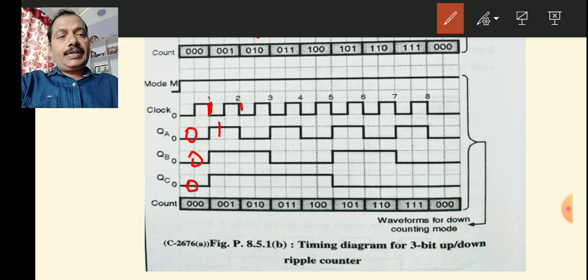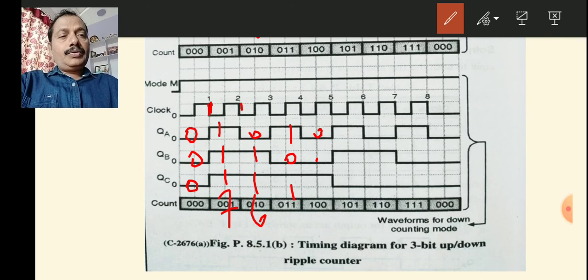And let us check the bits. Down counting: you see 0 0 0, and at the first clock pulse it goes to all ones. All ones means 7. Next, 1 1 0, that means 6. Next, 1 0 1, 5.